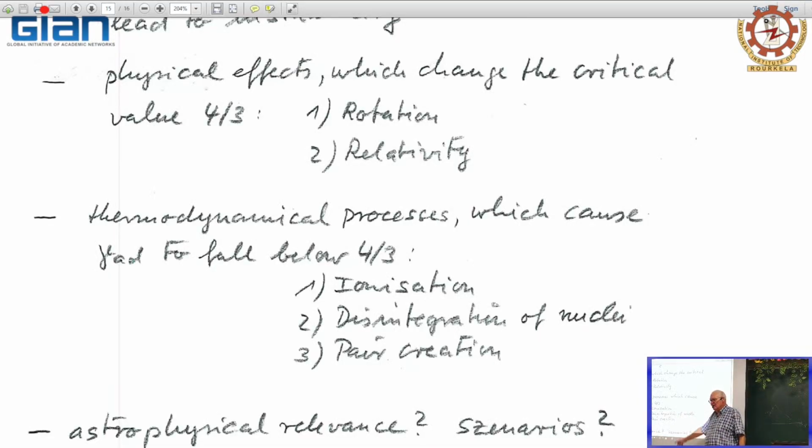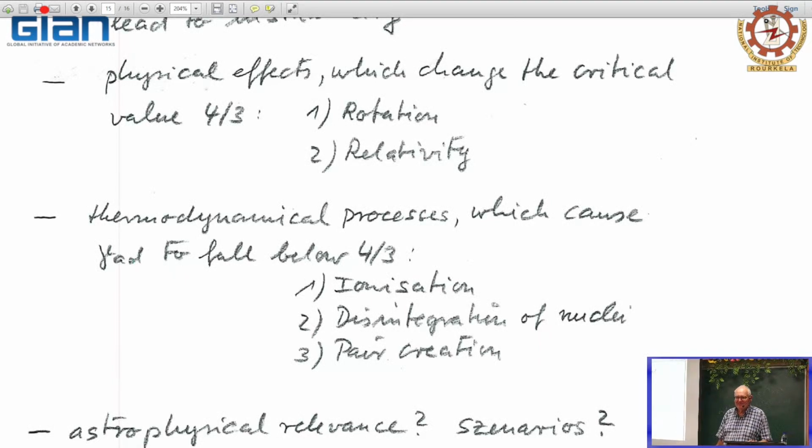And the third process is pair creation, the creation of electron-positron pairs from photons. If we keep that in mind, ionization, disintegration, pair creation may be processes which push the gamma adiabatic below 4/3 from a thermodynamical point. The question then is, what is the astrophysical relevance of this criterion, and what are the scenarios in which this criterion comes into play?